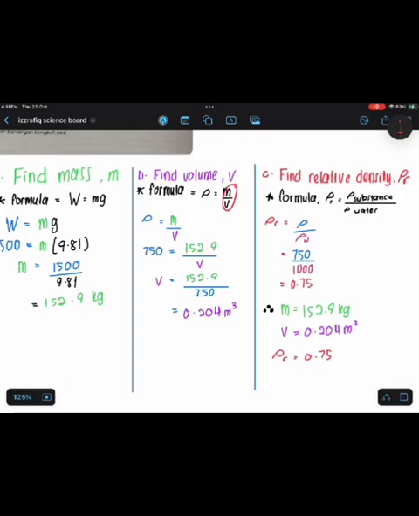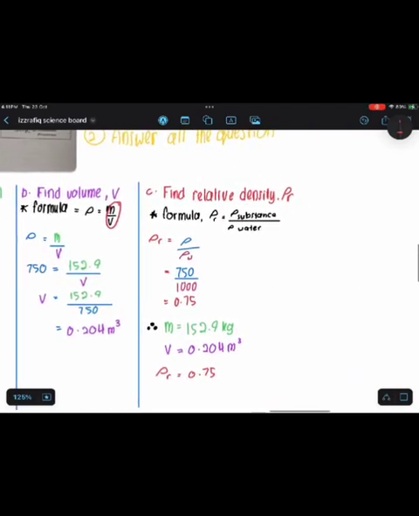We put in the value of the density and the mass, and swap the positions of volume and density. Thus we get V equals 152.9 divided by 750, which gives 0.204 meter cubed.